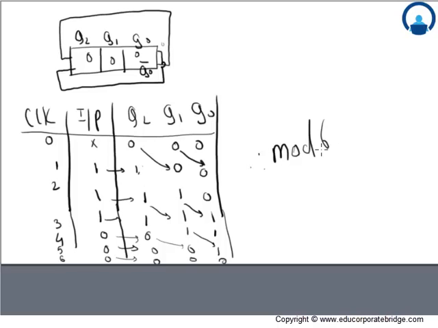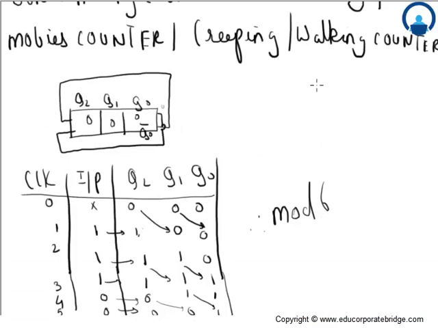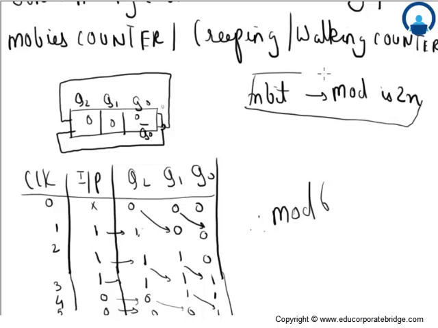So for an n-bit Johnson ring counter we have a mod of 2n. Therefore let's note down some important and very interesting data about the Johnson ring counter. For an n-bit Johnson counter, the mod is 2n, and this is true only when the initial condition is 0. We can verify this: for 3 bit we have mod 6.